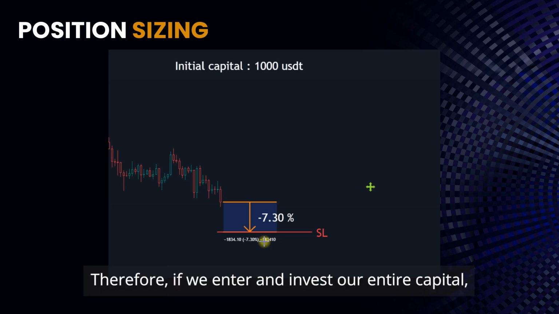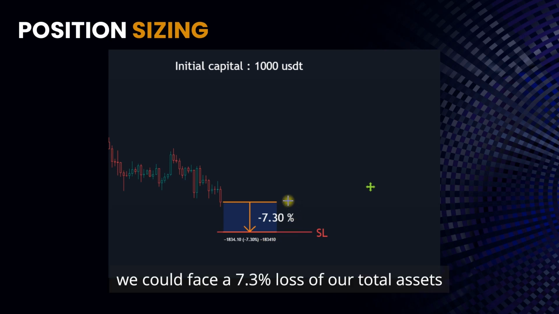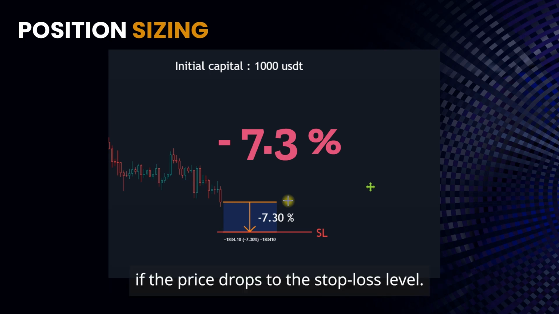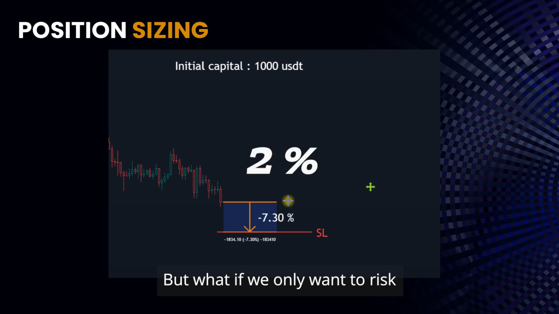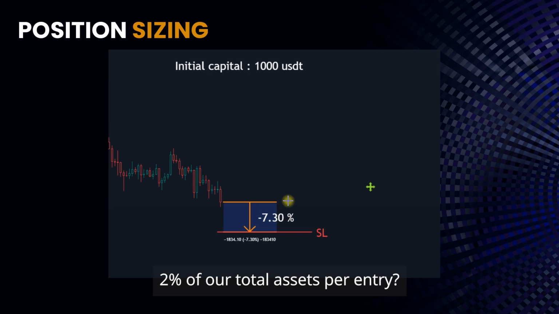Therefore, if we enter and invest our entire capital, we could face a 7% loss of our total assets if the price drops to the stop loss level. But what if we only want to risk 2% of our total assets per entry?